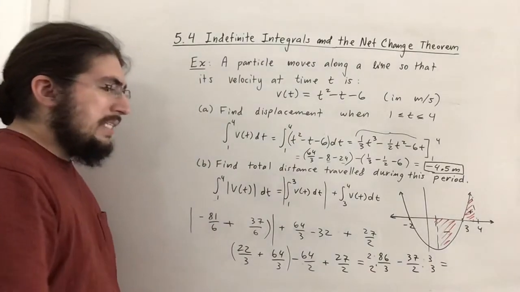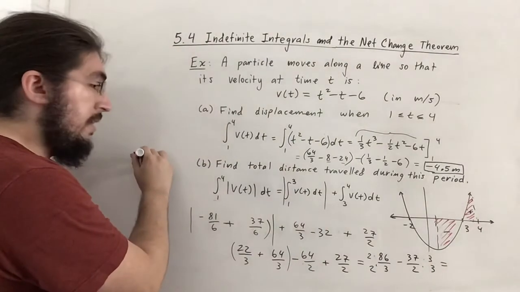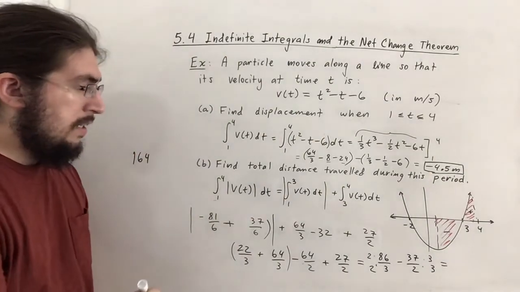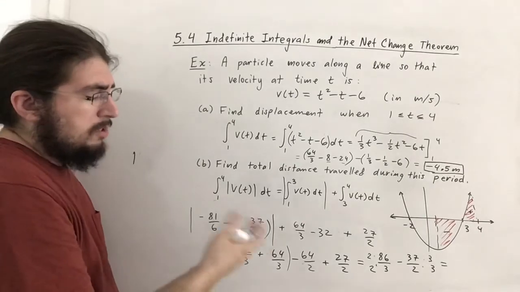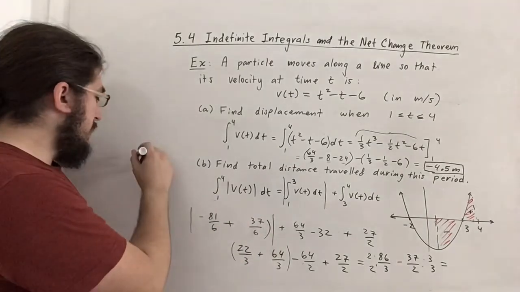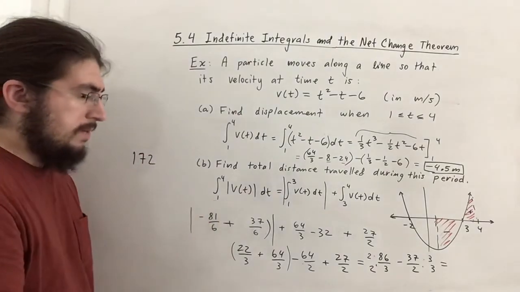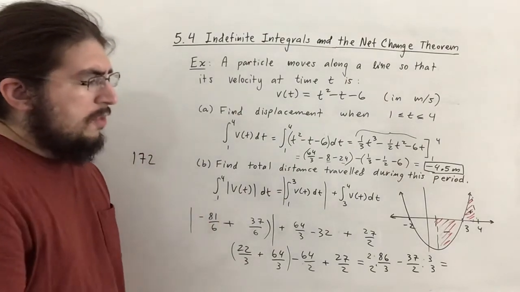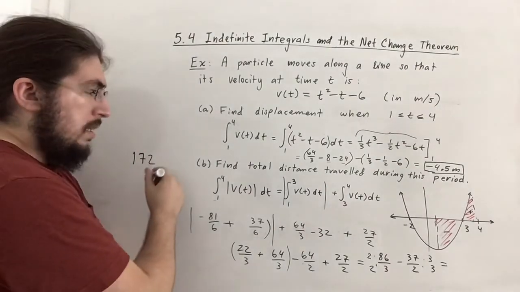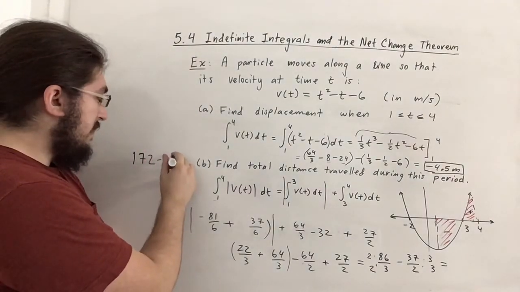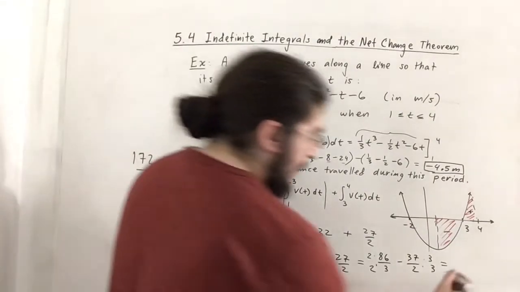So let's see, 86 times 2, let me do that over here. That's going to be 16, sorry, not 16, 4. Let's see, 2 times 80 is 160, and then 2 times 6 is 12, so that's going to be 172. There we go. 3 times 37 is actually going to be 111. So this is going to be that minus 111 all over 6, because 2 times 3 is 6 for the common denominator.